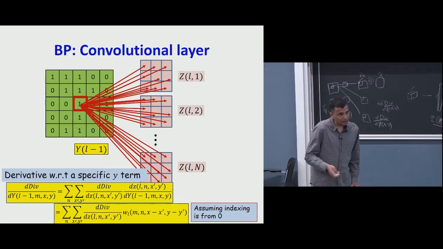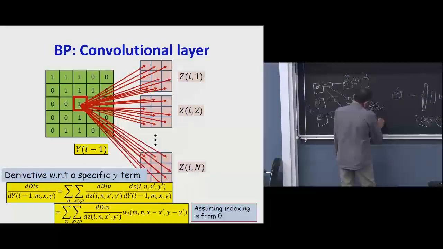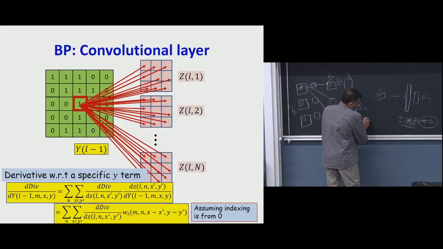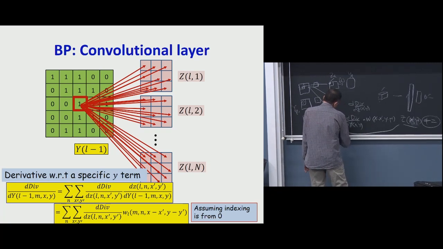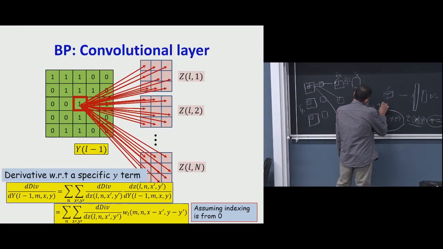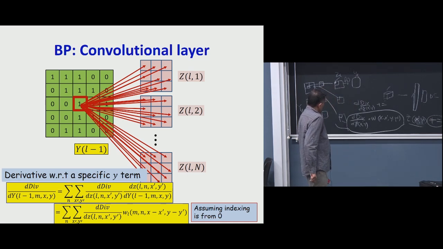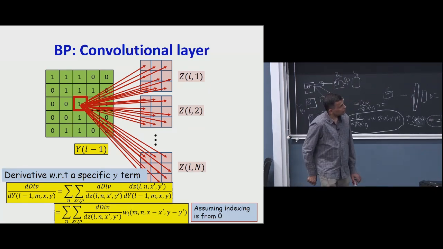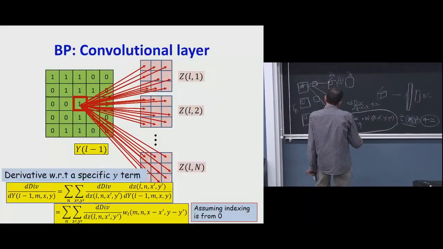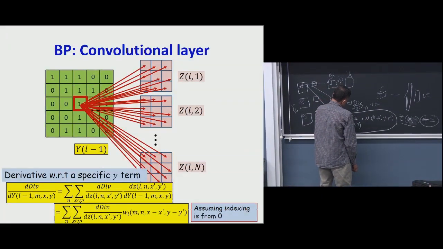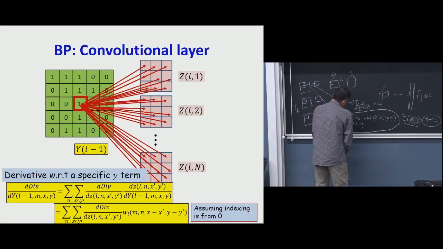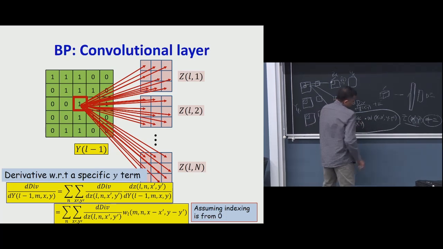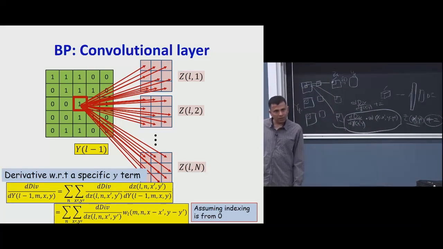Straight up, this is just your standard differentiation rule. So this is plus times w x minus x prime, y minus y prime. Make sense what I'm talking about, right?